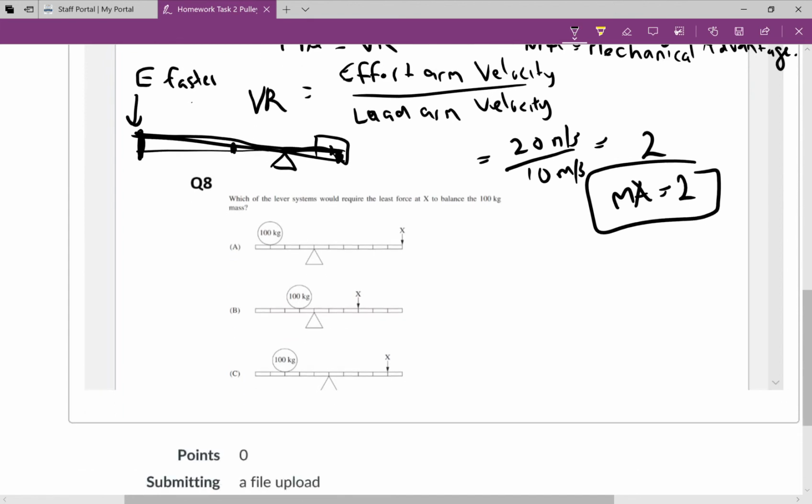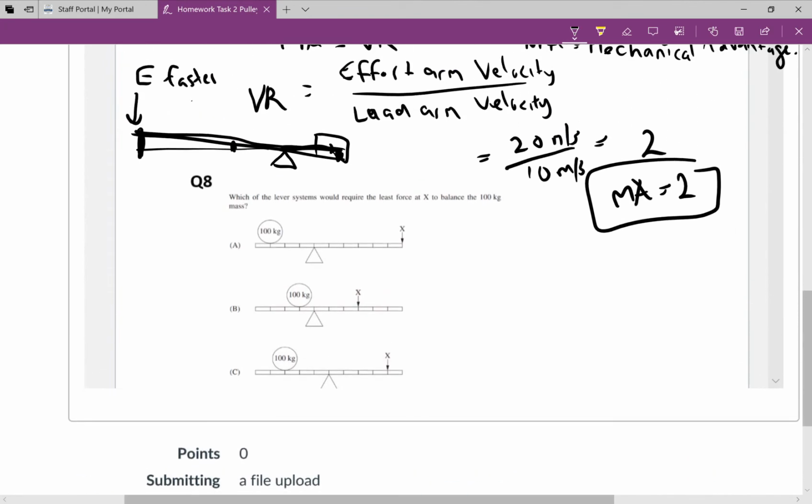For the final question, question 8, the answer is actually going to be B. Okay, now a lot of people said A. They said, because they were looking for the biggest mechanical advantage, and they go, well, that looks a long way, and that looks a short way, so that's got to be the best one.